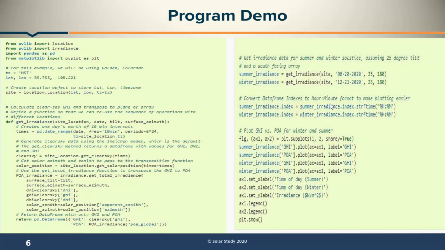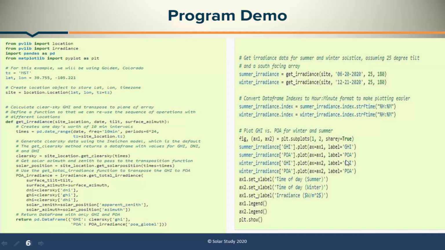There may be a second format, where the data acquisition system acquires data every single second, or some data acquisition systems take data from the solar radiation every 15 minutes. In this case we have to convert all the minute data into hour colon minute format, because it is easier for plotting and data analysis.